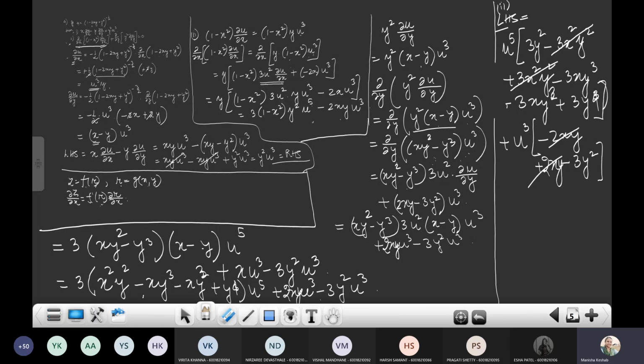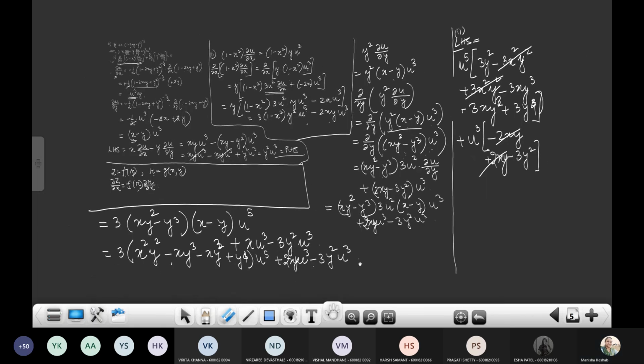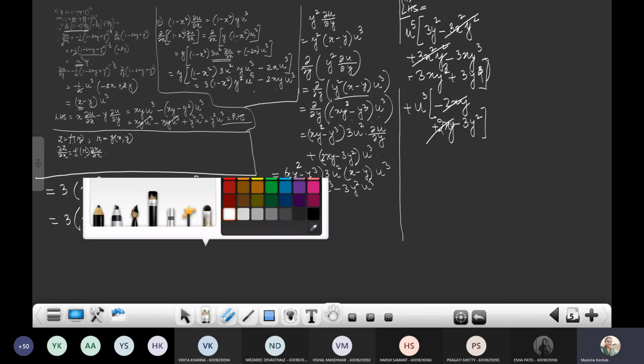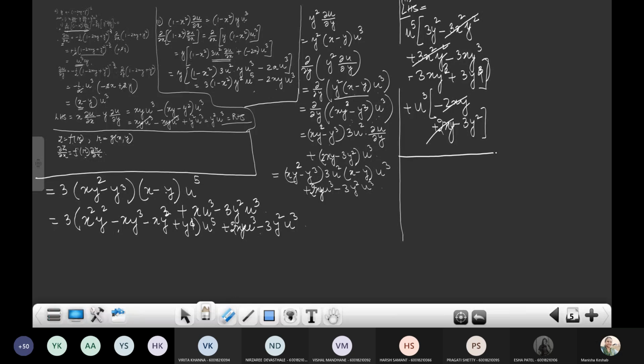So ultimately, finally what we will have, which is equal to with u power 5. Now I have 3y square minus 6xy cube plus 3y power 4. And for this I have minus 3y square into 2.